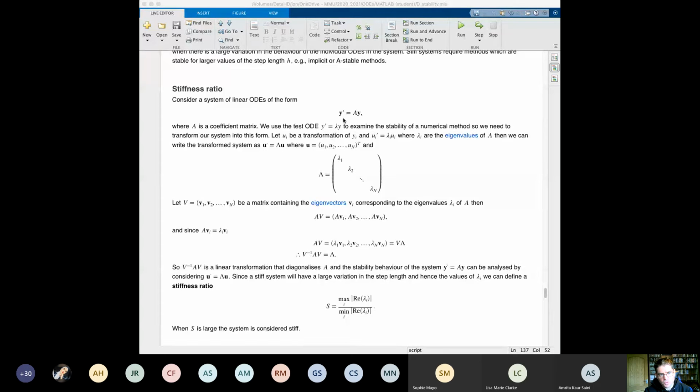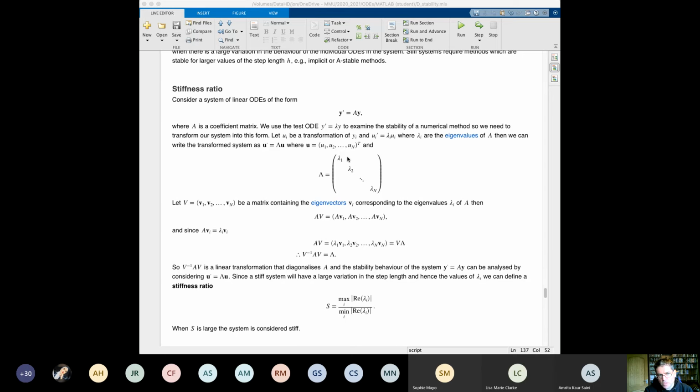So we need to transform each of our individual equations into that form. We introduce u_i, some transformation of y_i, and say that u_i' = λ_i u_i, similar to the test ODE. Furthermore, the λ_i are eigenvalues of A.